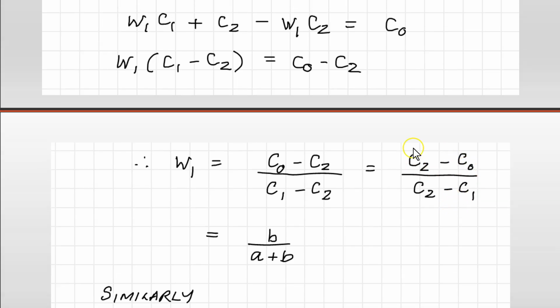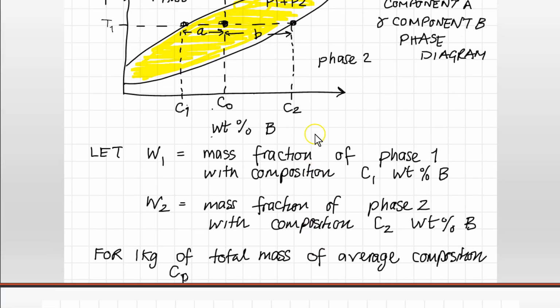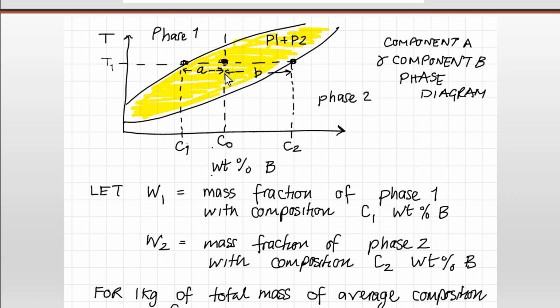C2 minus C0, let's have a look on the diagram what that represents. C2 minus C0 is this length expressed as the difference of weight percent B. And we're dividing that by C2 minus C1, which is the total length of the tie line expressed as a difference in composition of C2 and C1.